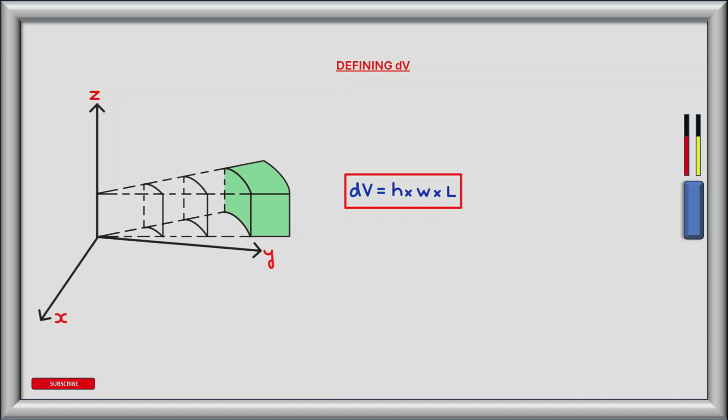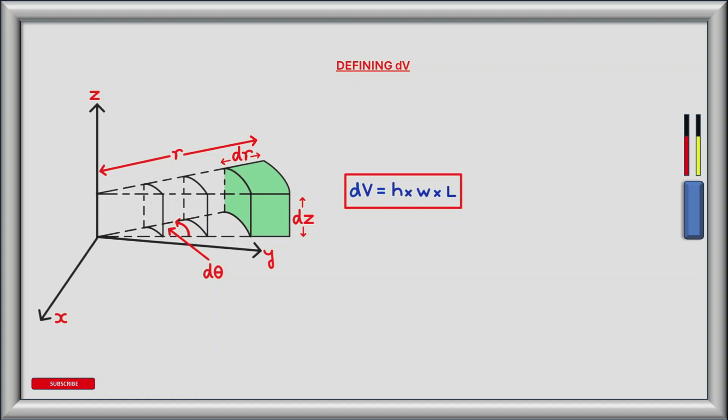So let's apply this to the green shaded region. We can see that the height is along the z-axis, and it's an infinitesimally small piece of z represented by dz. The width of the box lies along the radial distance r and is an infinitesimally small piece of r represented by dr. And the length lies along the arc of the circle and is infinitesimally small.